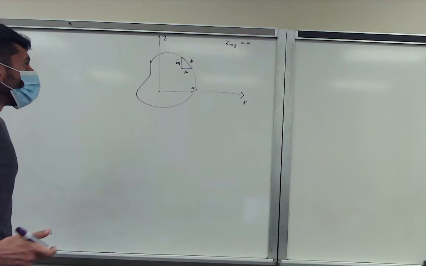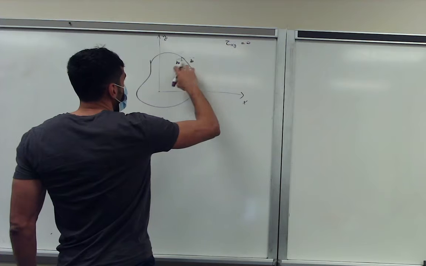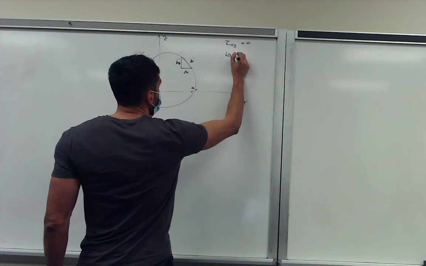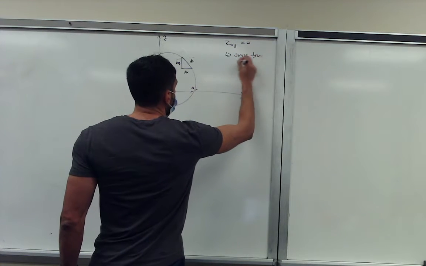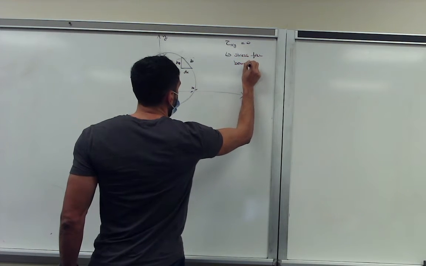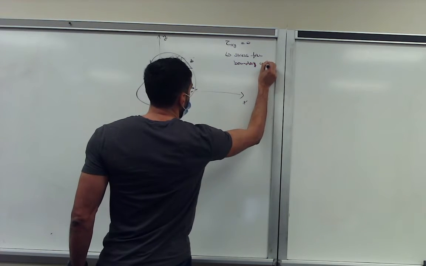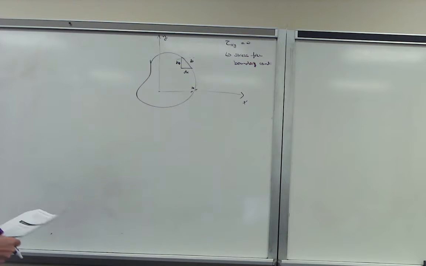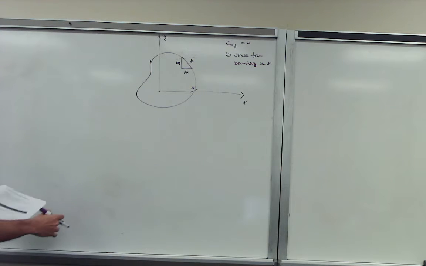Okay. So from this, if all the stresses on the boundary must be equal to 0, this means that we have a stress-free boundary condition. So when we look at our stresses, we call our boundary, our equilibrium equations.